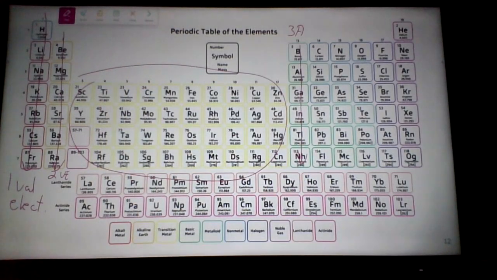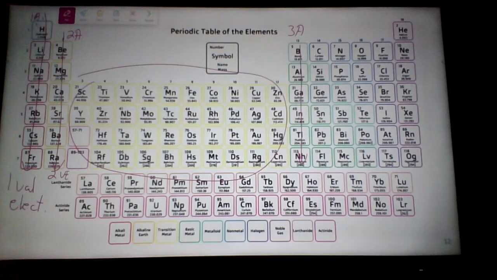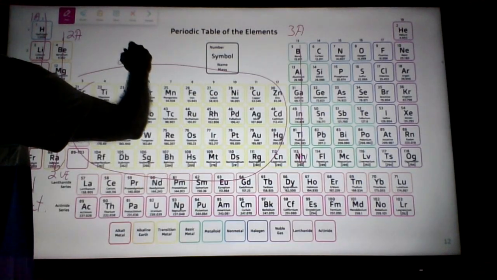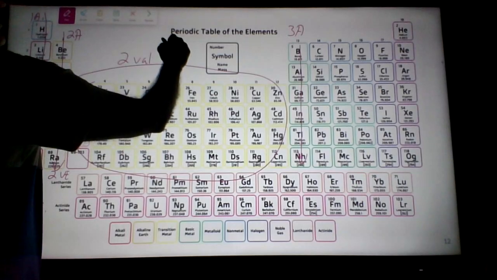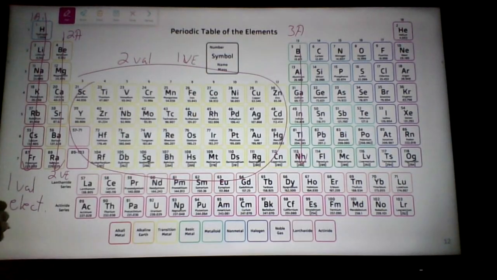So by ordering by atomic number and learning more about each atom, scientists realized we can group them not only horizontally by atomic number, but vertically by the number of valence electrons. Most of these, called transition metals, have 2 valence electrons, but there are some that have only 1 valence electron.